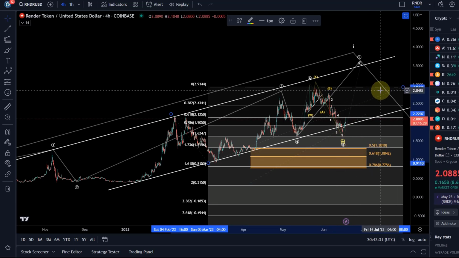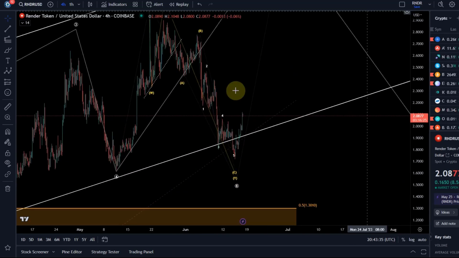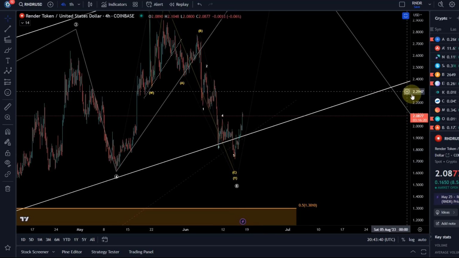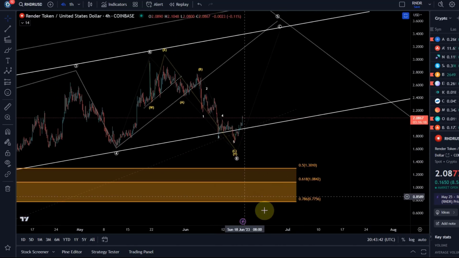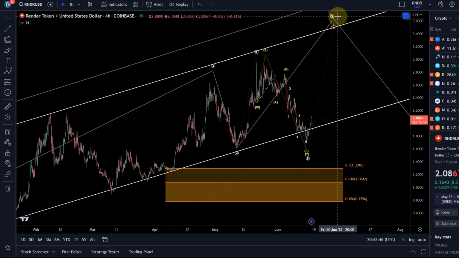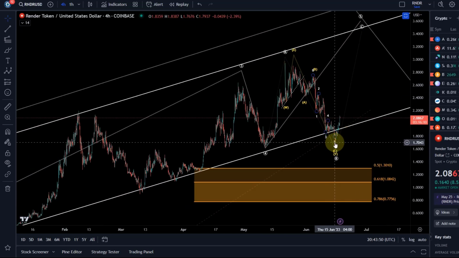These are the two wave counts. The pivot is very clearly the $1.71 level. That's the deciding factor between going down to hit the support region in this 1-2 setup, or pushing higher in a C wave of wave 5 to complete this larger wave 1. This is the relevant level.